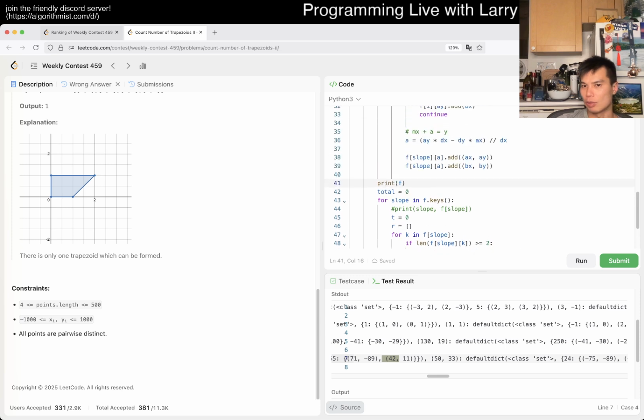So you could give a slope and a distance, right?